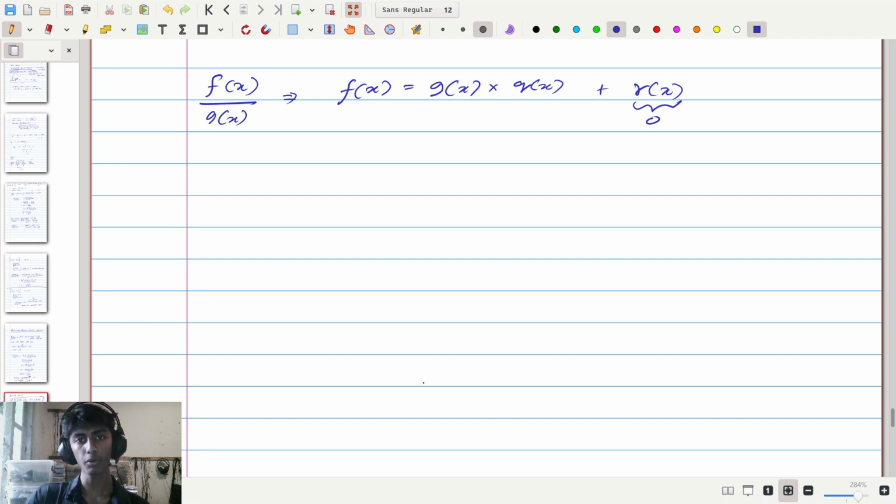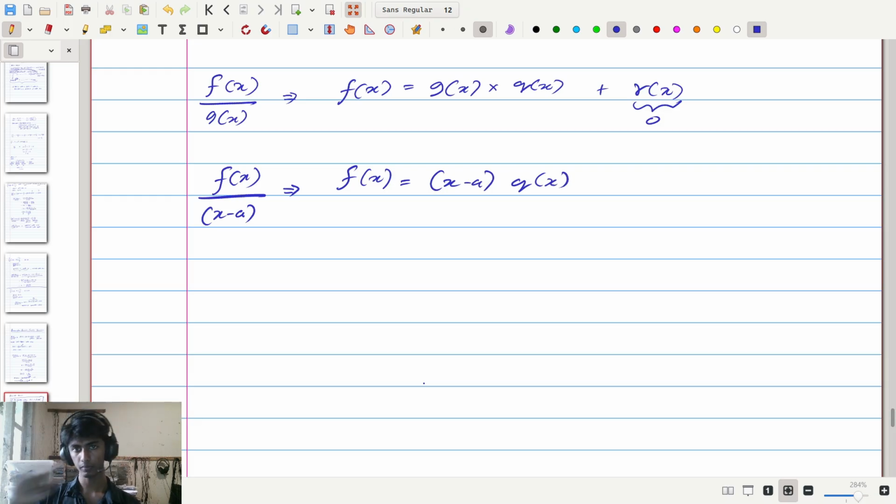Then it follows that q(x) and g(x) are both factors of f(x). So then g(x) was a factor of f(x). Now considering this, if we have f(x) divided by x minus a, and x minus a is a factor, what this means is that f(x) is equal to x minus a times some q(x).